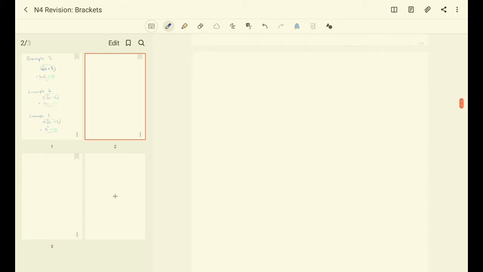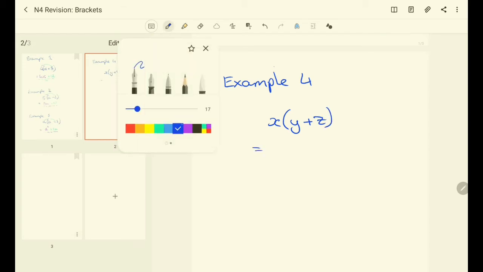The fourth example we are going to look at is one where perhaps it is all letters. So for example 4, we're going to have x bracket y plus z. And we start yet again the same way.